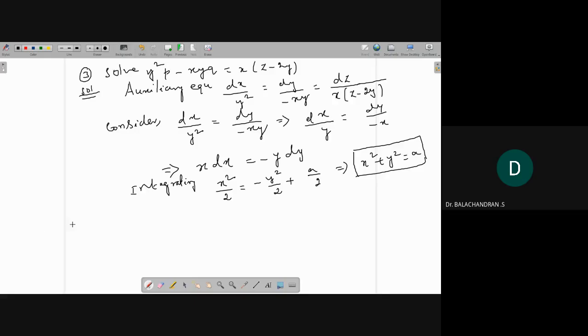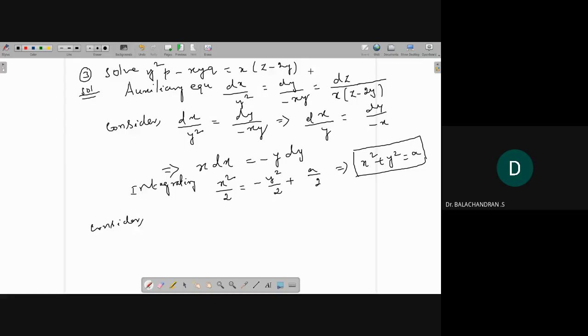Okay, next consider second and third, which is better than first and third. The reason is, if you choose the first and third, here you have y square, here x and z minus 2y. Okay, you can't cancel anything.